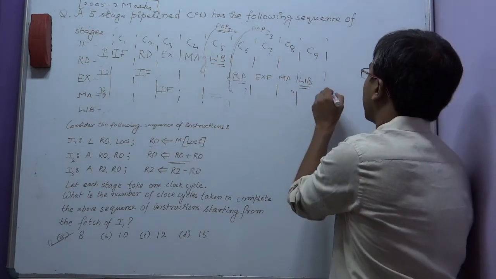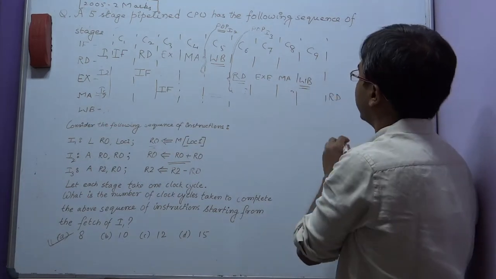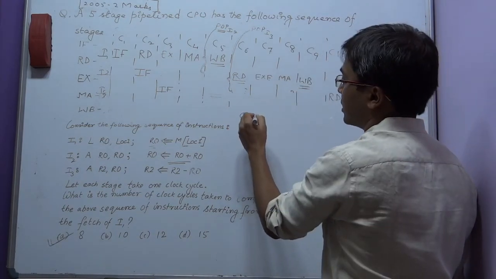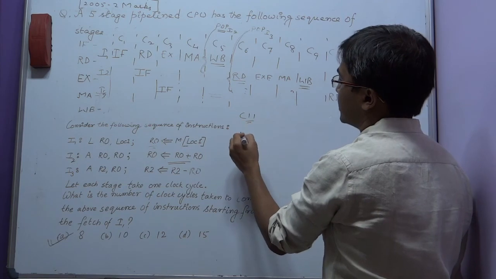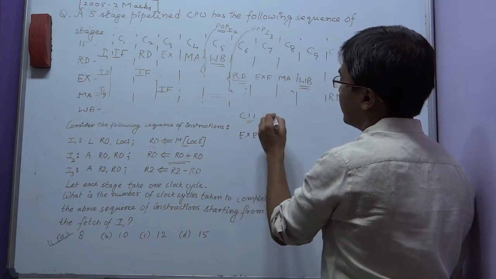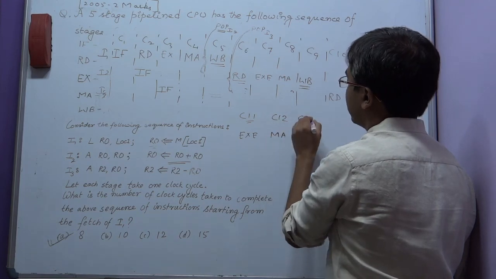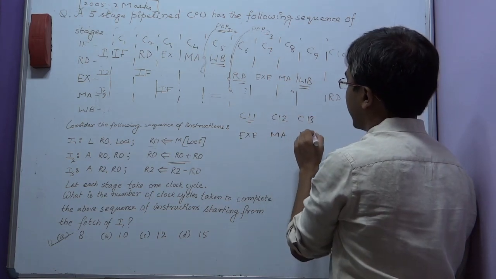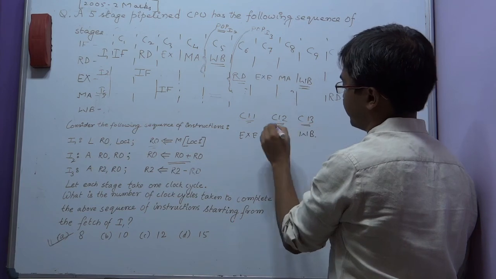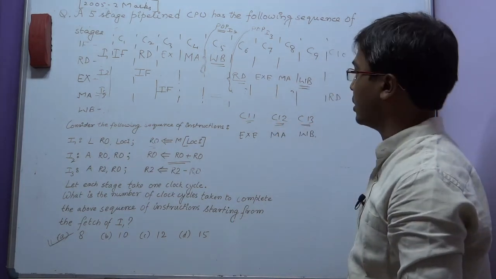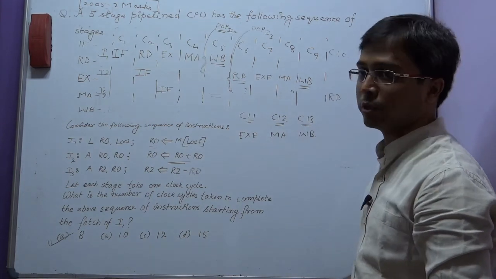So the RD stage of I3 would occur in cycle C10, followed by execution in C11, followed by memory access in C12, followed by write back in C13. So 13 cycles would be required where we are not using operand forwarding.